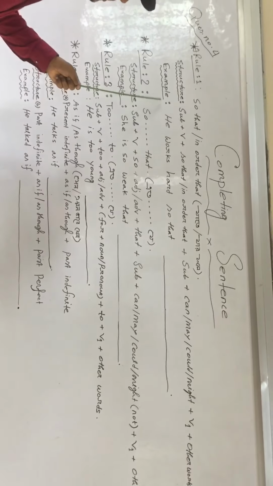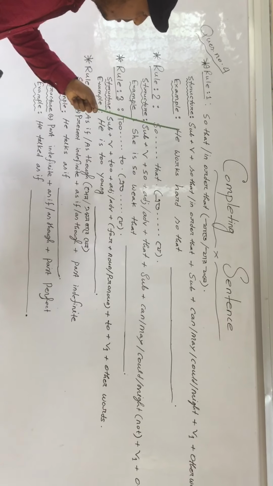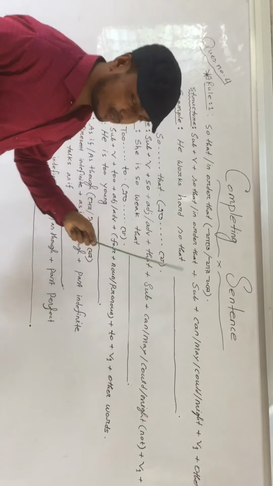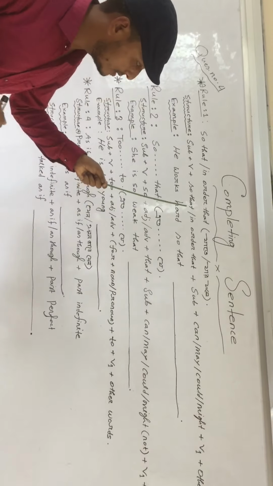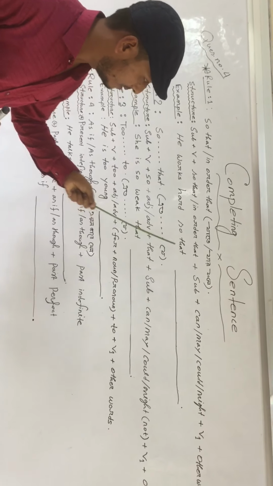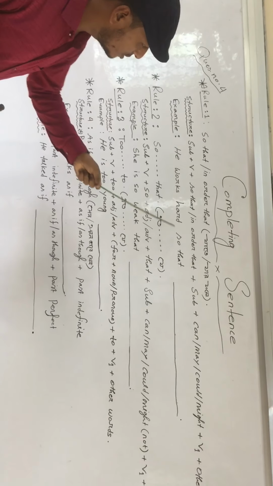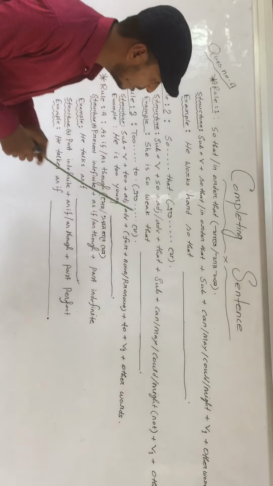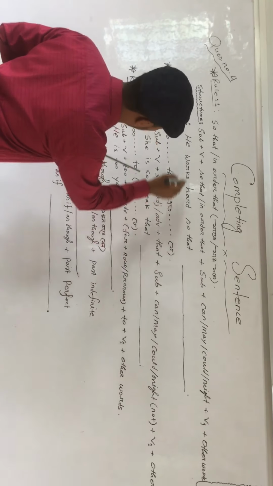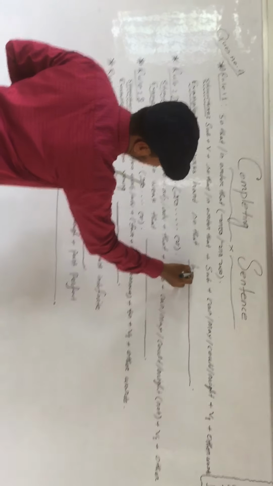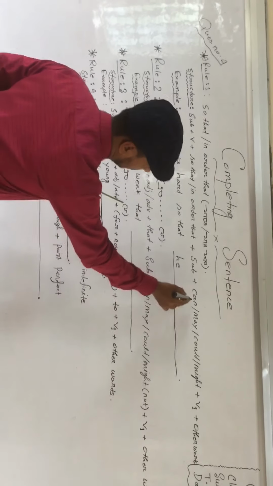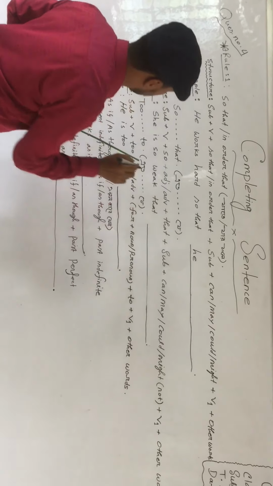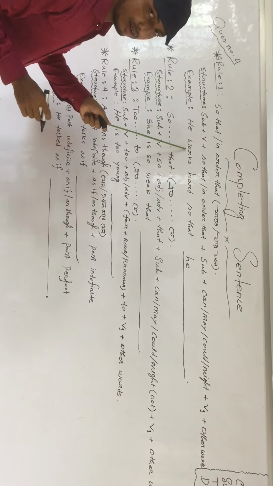Let's take an example: he works hard so that. You have to complete this sentence, and if you know this structure, you will be able to complete it. The structure here: you have to use the second subject, that means he, then you should use can, could, may, might.